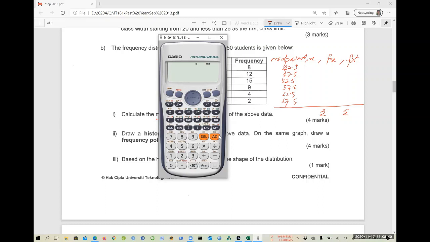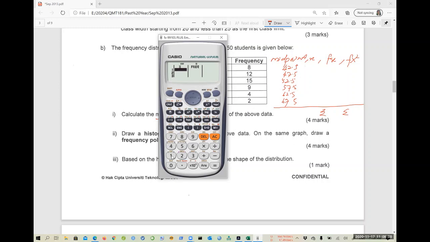Just press the mode button. You can see that number 3 is stat. So choose number 3, and then you want the one variable, number 1. Here it is already in the frequency mode.